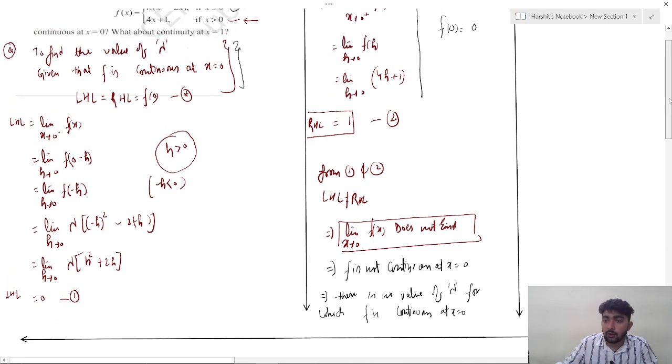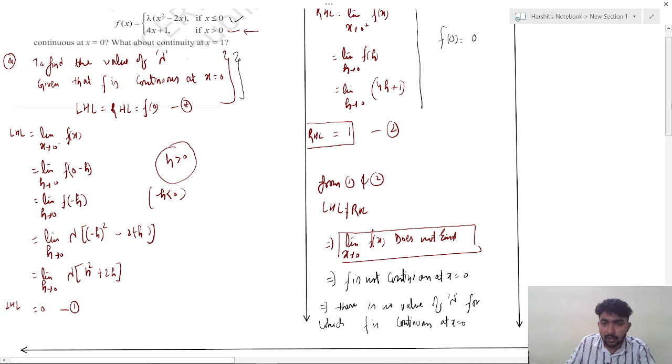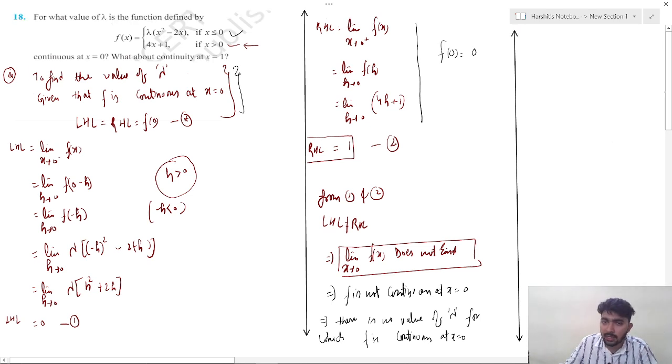I hope you understand, because here we observe that LHL and RHL are both independent of lambda. If they are independent of lambda, LHL is constant and RHL is constant, that is 0 and 1 respectively. So we can't find the value of lambda.